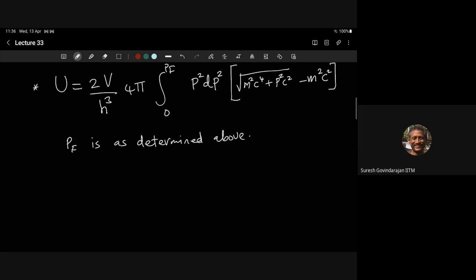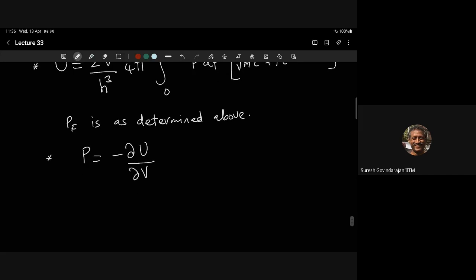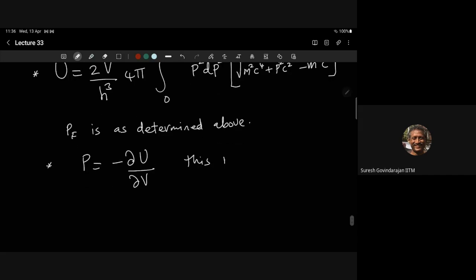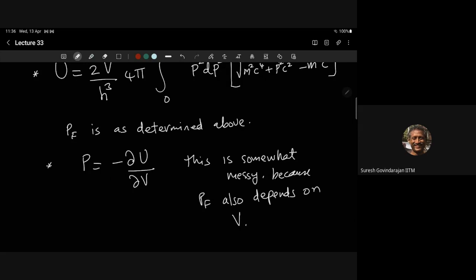And we can get the pressure by differentiating with respect to V. Remember, dU by dV is not so simple because it is somewhat messy, because PF also depends on V. Do you agree?